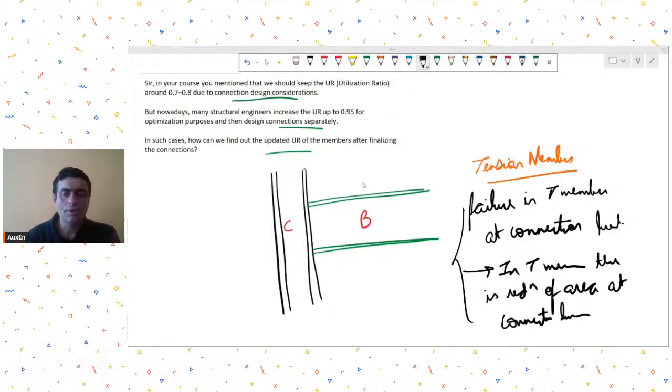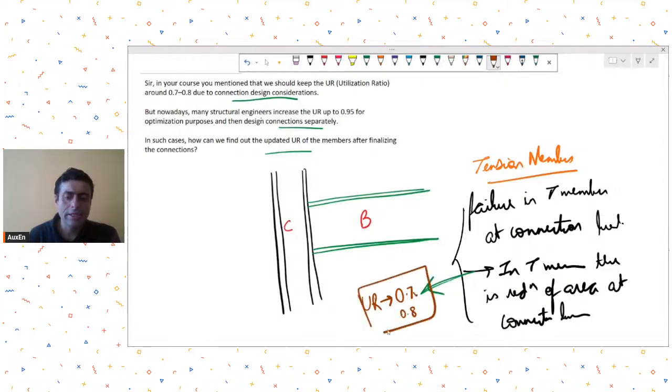So in such cases, what do we do? At the initial level, when we are designing our members and are not sure about the connection assembly, we try to keep a slightly lower utilization ratio, around 0.7 to 0.8. And this is especially true for tension members.